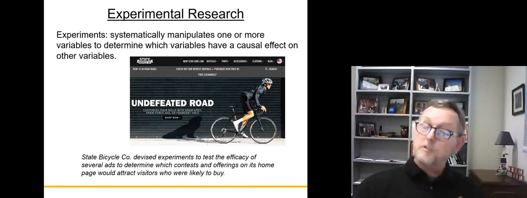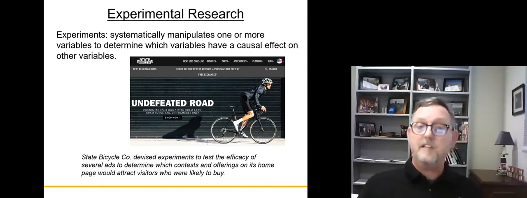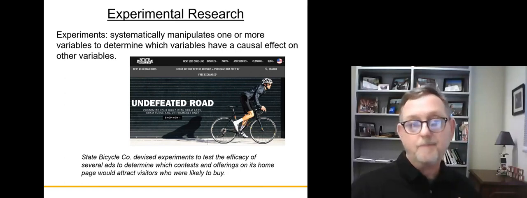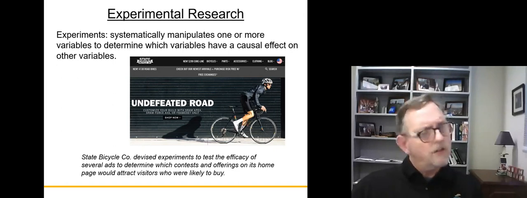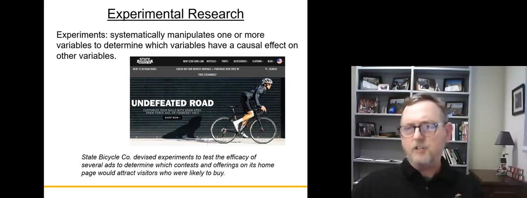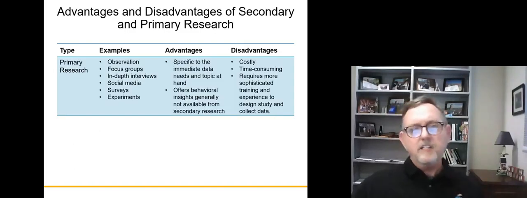Maybe we'll put a few out there, and we'll measure the results, to see which ones work best, which ones have the best pull, which ones have the best lift, right? So doing an experiment is clearly primary data. We're only doing the experiment for the purpose of the research, and the data doesn't exist ahead of time. So it's clearly primary data. It's a good example of when it's appropriate to do that.